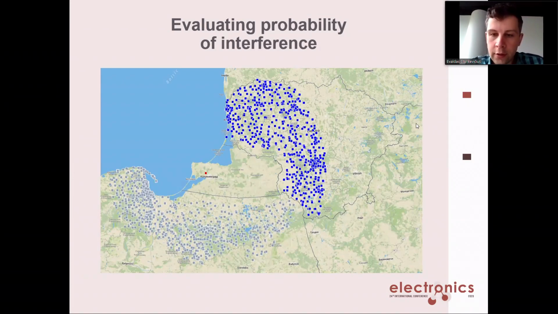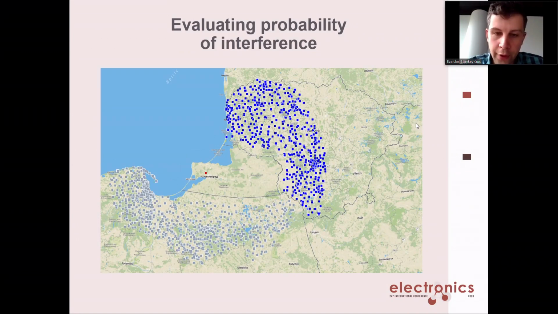So we calculated the situation with hypothetical networks, created first in Lithuania, with additional calculations made also in Poland. We modeled the situation when the ATS system is working in the Kaliningrad area.